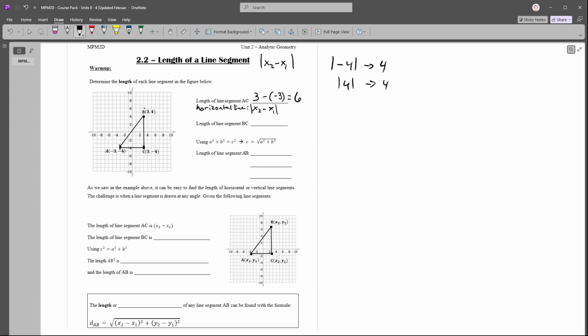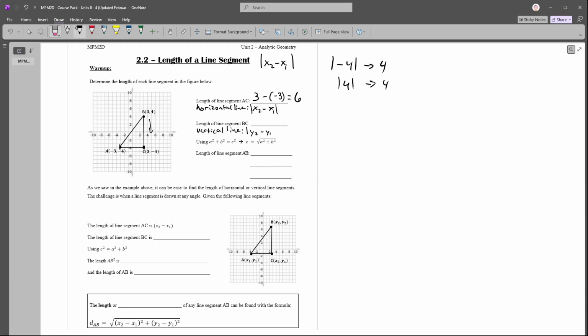BC, so that's going from all the way up here down to C. Again, this is the same idea. This is a vertical line though. So the length of any vertical line is to subtract the y components. Again, we don't know the order or anything, so we could do the absolute value again. So |y2 minus y1|. Oops, that should not be a curved line. That should be a straight line.